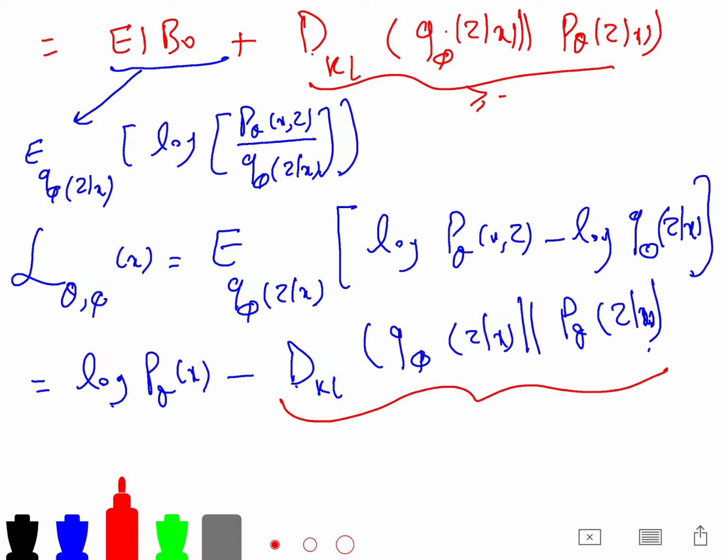This is the KL divergence of the approximate posterior from the true posterior. And this is the gap. We call it the gap because it measures the tightness of the bound. And this is your marginal likelihood. So because this is minus something positive, we can say that all of them is less than log of p theta of x. So now you understand that maximizing this elbow is just like minimizing the KL divergence.